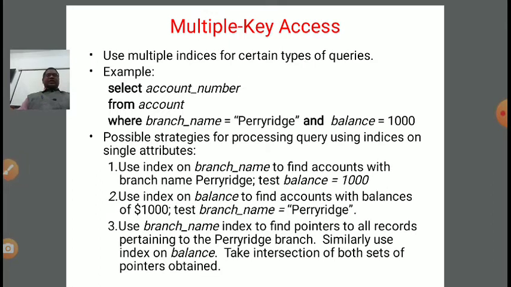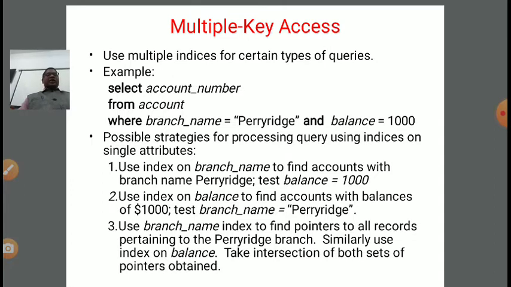The first strategy is to use the index on branch name to find accounts with branch name Perryridge. So first use the condition on the branch name, and after that test whether the value of balance is equal to 1000 or not.